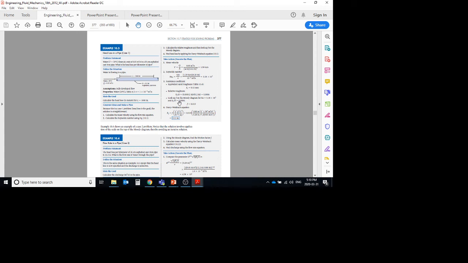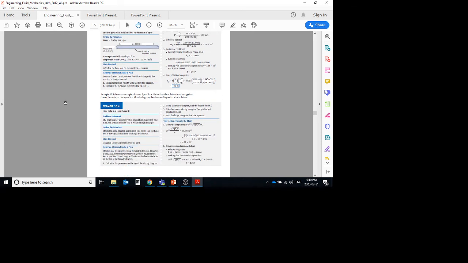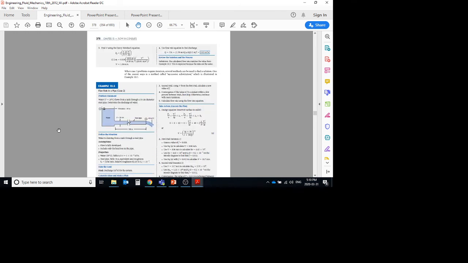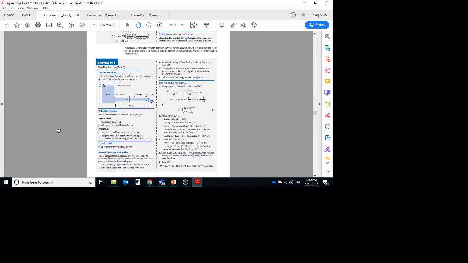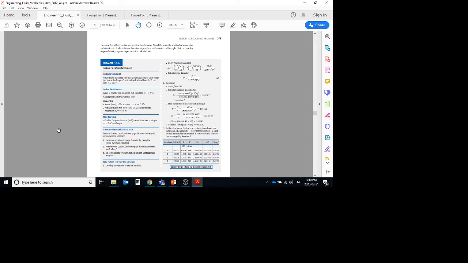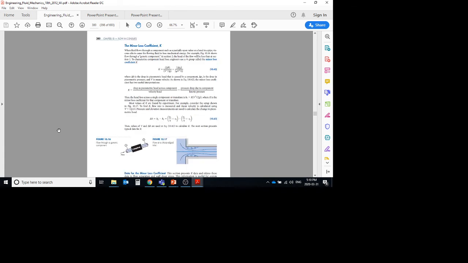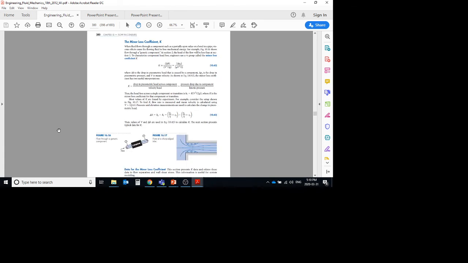That's what the head loss is. So we express head loss through the length of the pipeline. Now it's clear, hopefully, and if you have any question, just let me know. You can solve this problem later. All are similar problems. Just go through this problem and I highly urge you to solve it.